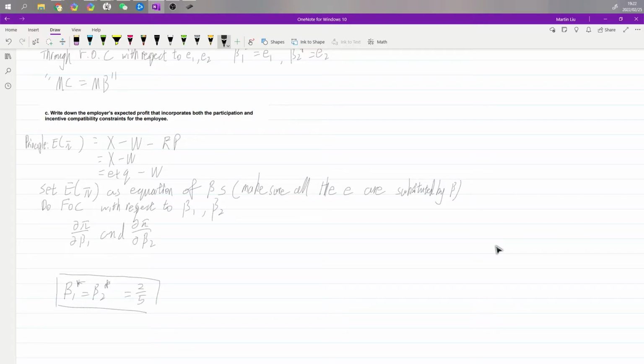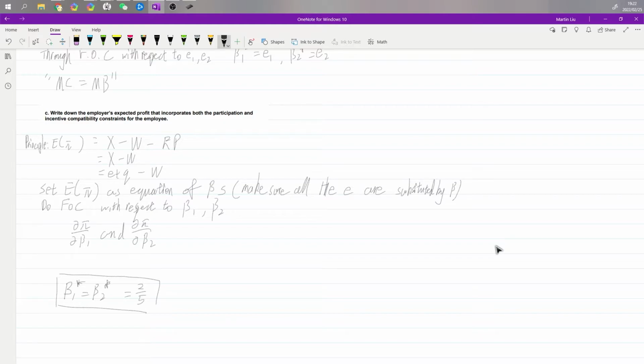Why is this the case? Because the employer himself no longer worries about what effort is, because from his point of view, he cannot decide, he cannot choose, he cannot affect what the agent is choosing. So in this case, you would like to substitute every effort in your equation into betas.